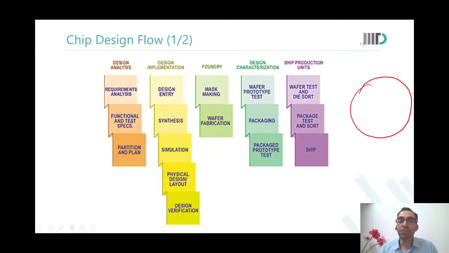But if I'm shipping dies only, Gagandeep, then I don't need to package them, no? Yes, sir. In that case, it would be. So something that has already been packaged will not be wafer tested and die sorted. It will only be packaged, tested, and sorted. Something which is being shipped as a wafer will be wafer tested and die sorted. So it is about what I am going to ship. Yeah.